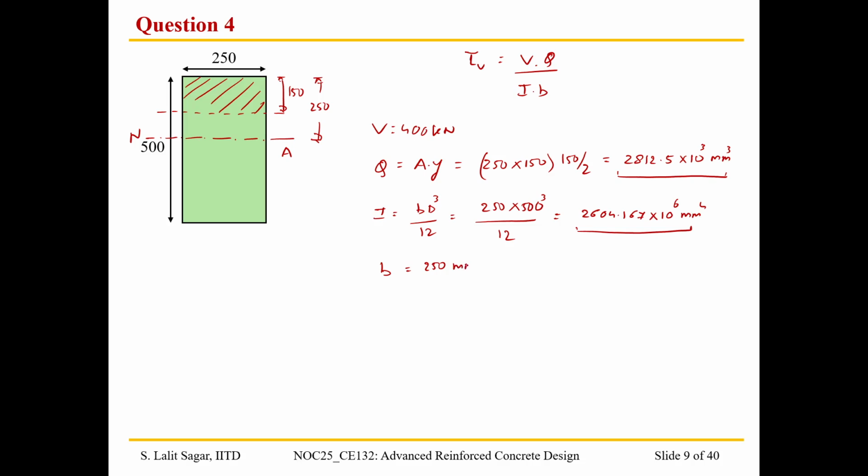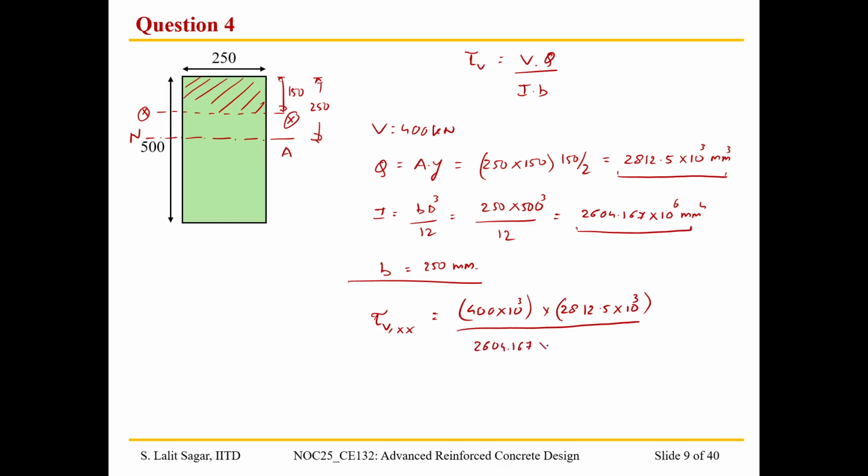So when we substitute all these values into the shear stress equation, tau V, let us say it is at x axis, tau V x is equal to V Q by I B, which gives me a value of 1.728 MPa.